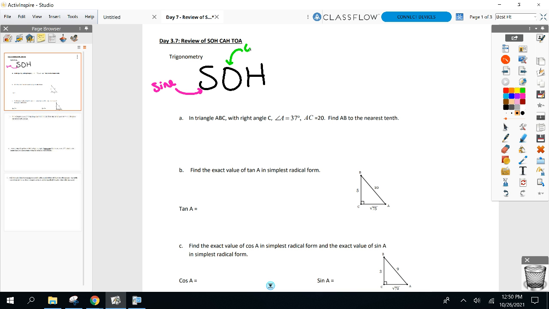That means I know something about the opposite side in my triangle, and we're going to do plenty of these today. What do you think the H stands for? Hypotenuse, yes. So I'm going to use sine in a problem when I know the opposite side and the hypotenuse in a right triangle. That's when I'm going to use the sine key.